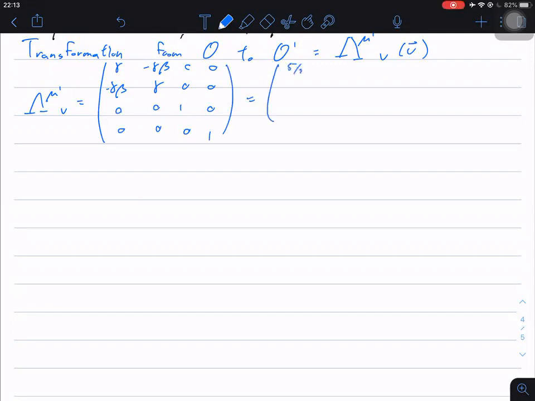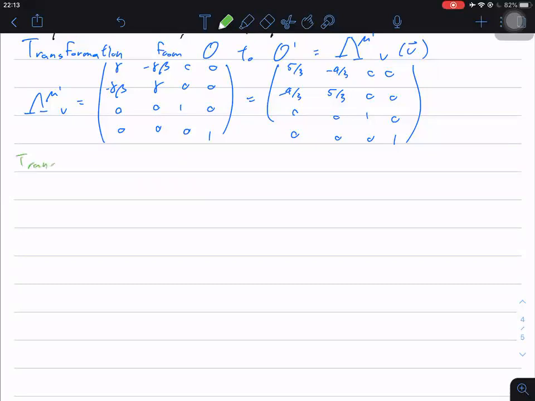After you substitute all the numbers in, you obtain this. The whole matrix will be like this. Okay, so that's the transformation matrix from O to O prime.